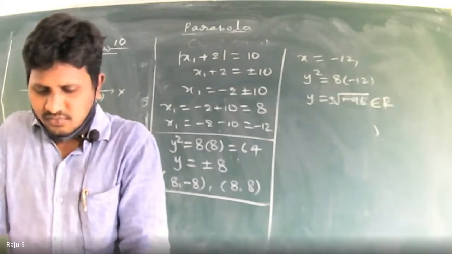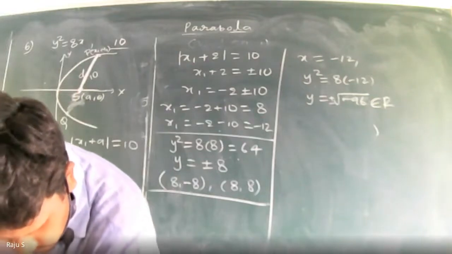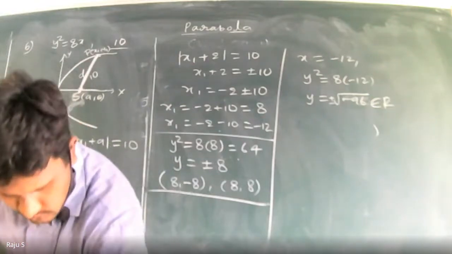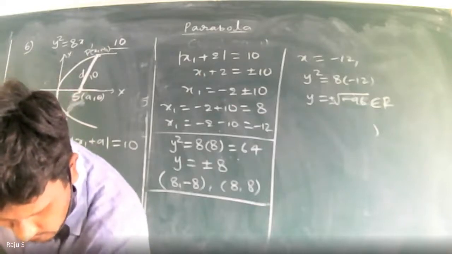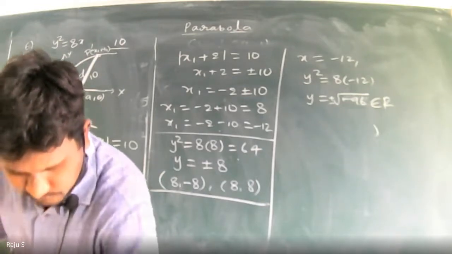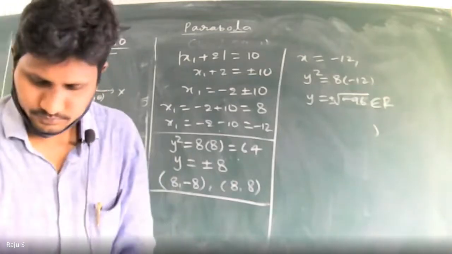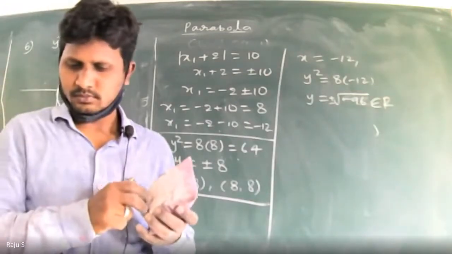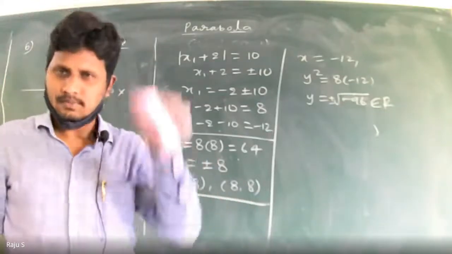Okay, next, seventh question. The angle subtended at the vertex by the double ordinate of length 8a. Simple question.